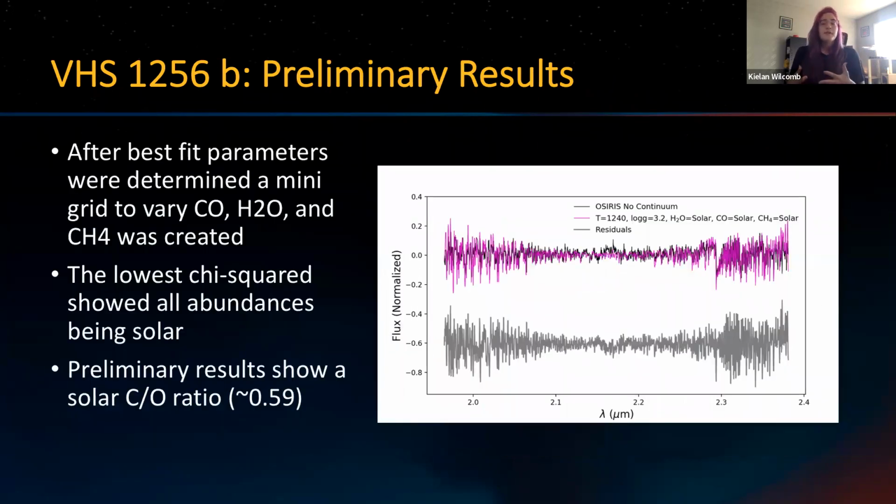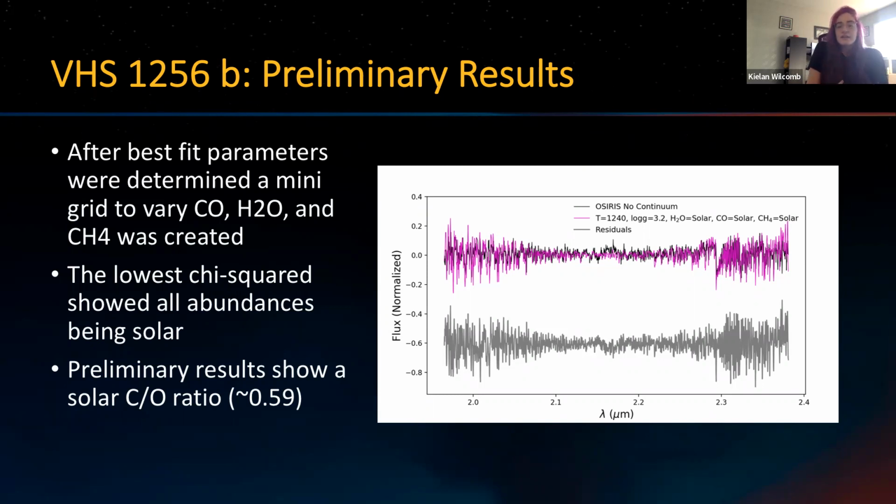Taking the best fit parameters that we came up with so far, Travis created a mini grid varying CO, water, and methane. Because of the temperature of this object, methane is an important quantity to take into account. This object was found to have strong vertical mixing in Miles et al. 2018, so we cannot assume all the C is in CO like we did for Kappa And b.